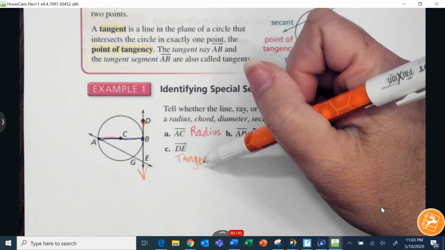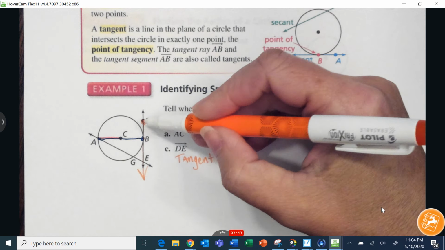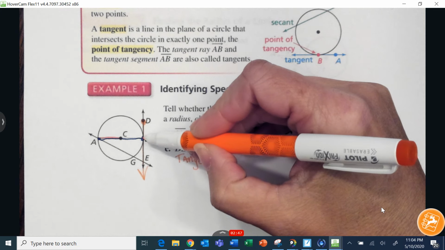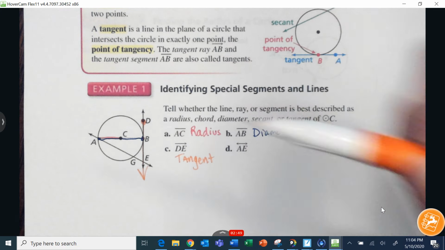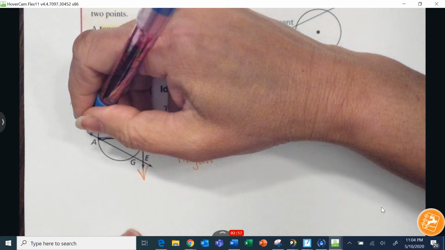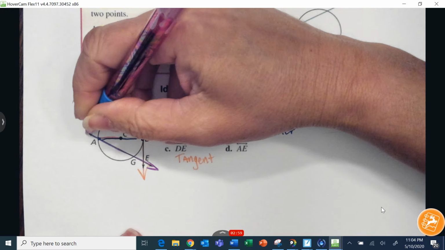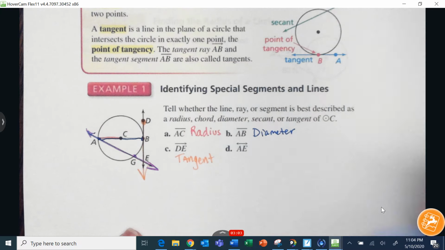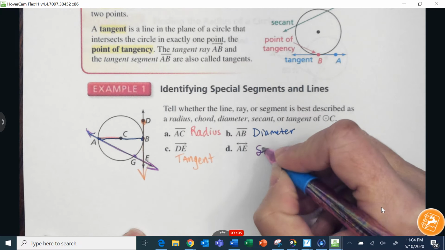This tangent is a line or a ray or a segment that intersects a circle at one point. And AE, here it is. AE intersects the circle at 2 points, and so that is a secant.